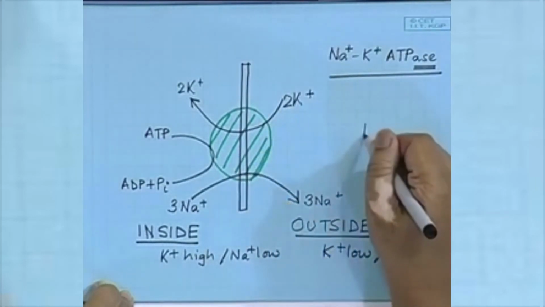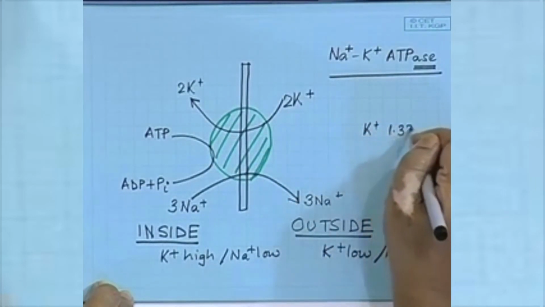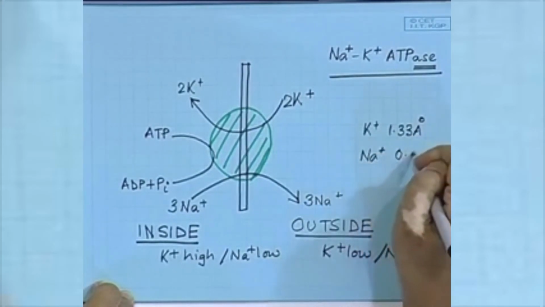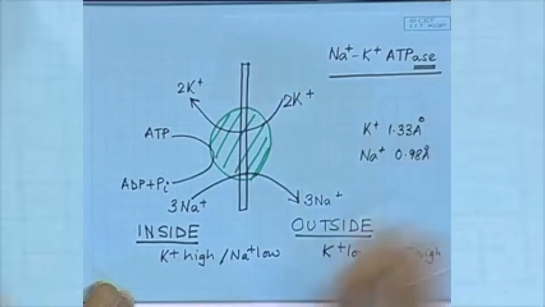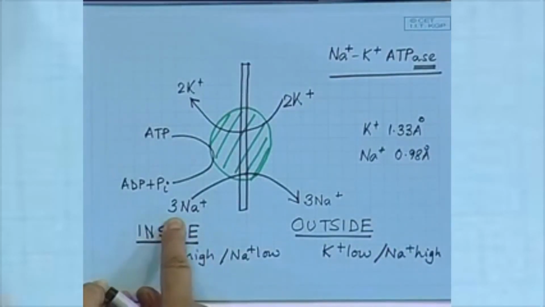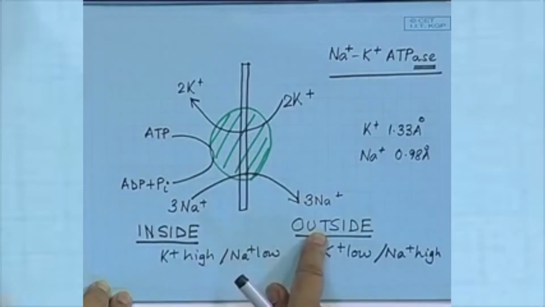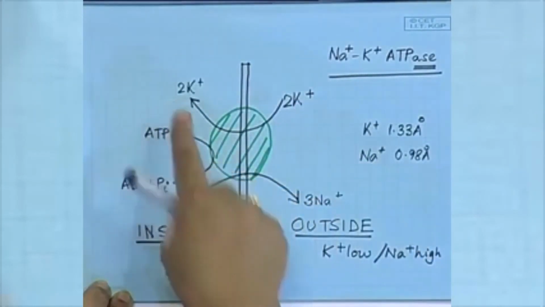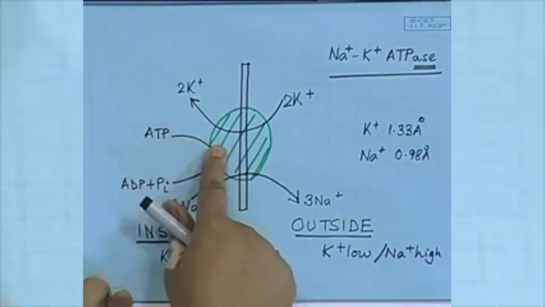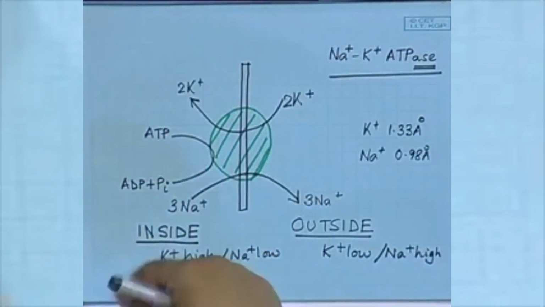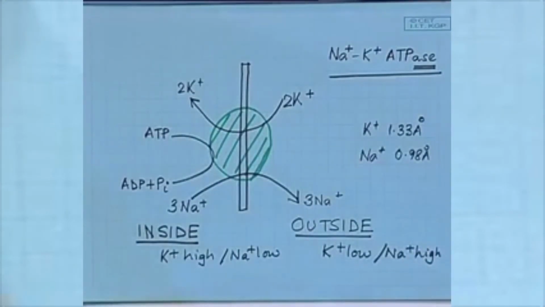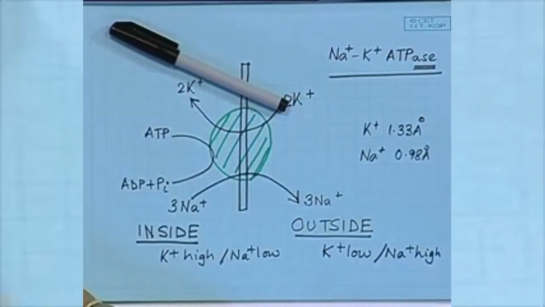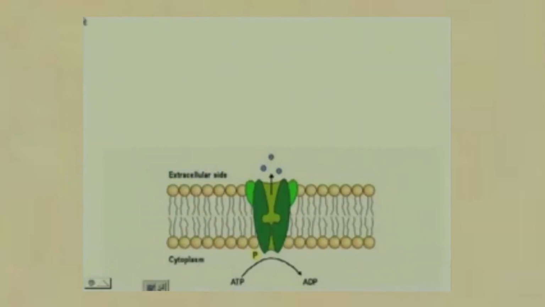The K plus is about 1.33 angstroms and the Na plus is 0.98 angstroms. So, 3 Na plus are brought from the inside to the outside and 2 K plus are taken from the outside to the inside, and then this is ready to take the sodium outside again, because you have to get it back to where it started from, just like an enzymatic reaction. So, let us see how this works.